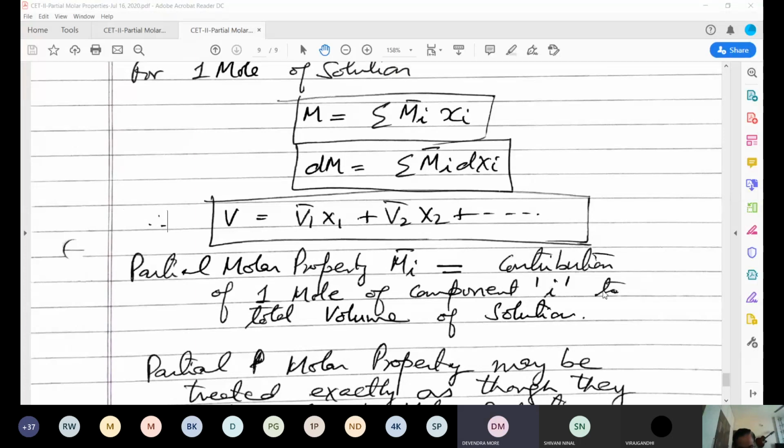Yeah, 83.24 into 10 to the power of 3 moles. Right? Who was this? Sir, Devendra. Devendra, okay. So what you have done is you have taken volume 2 meter cube and divided by molar volume, right? वही किया ना अभी?